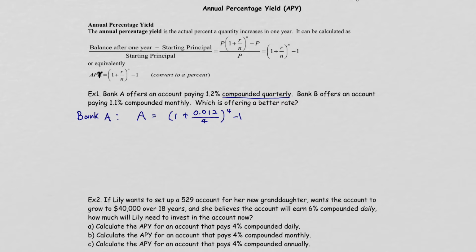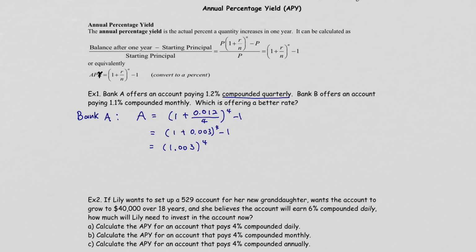And that's going to give you 1 plus 0.003 to the fourth exponent, minus 1. And then when you add them, and do the fourth power.